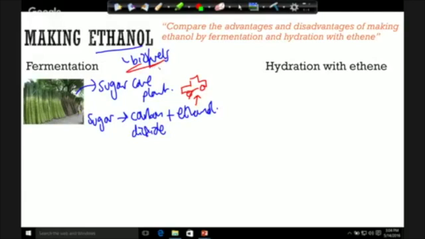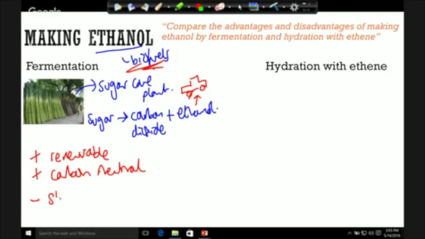But that's one way to make it. This way is called a biofuel because it's made out of a plant, made out of a living thing. Some advantages to that: it's made out of a renewable resource, and it's carbon neutral, which means there's no net release of carbon, as we discussed earlier. But some disadvantages are that it's a slow process.